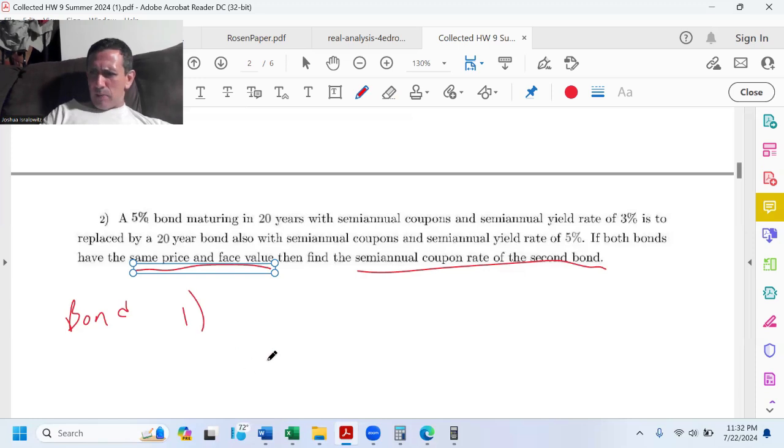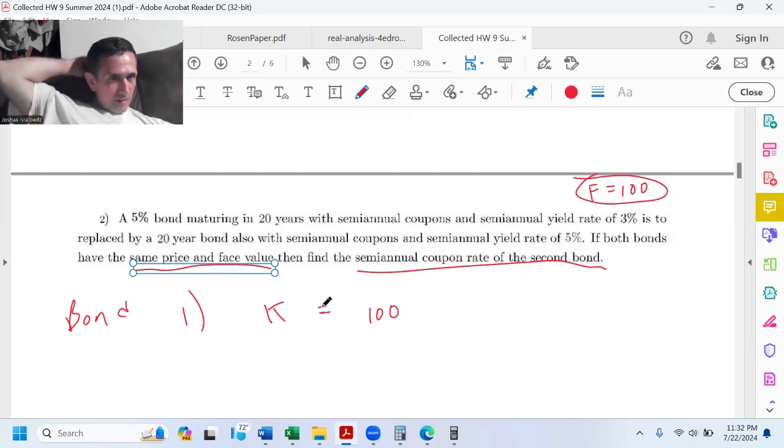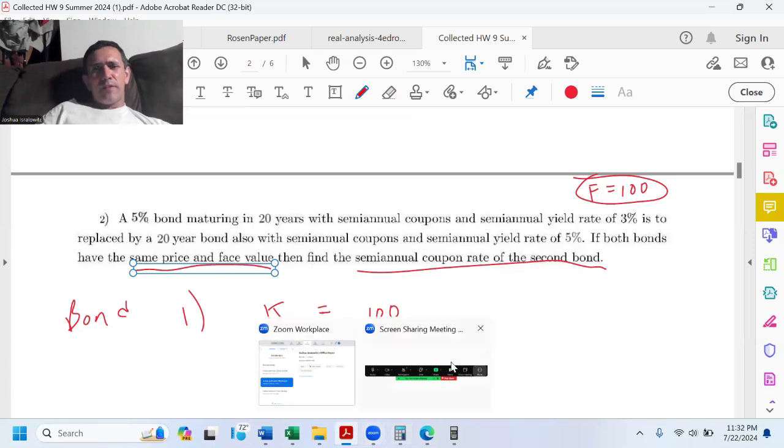Again, I think Makeham's formula is the easiest thing to do. K is, you can set F to be whatever you want or just leave it alone. I just set it to be 100. They have the same face value, so you can really set it to be whatever you want, or just leave it as F and it'll cancel.